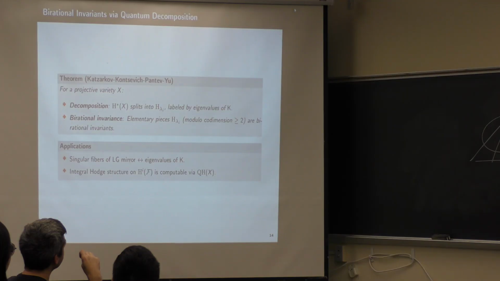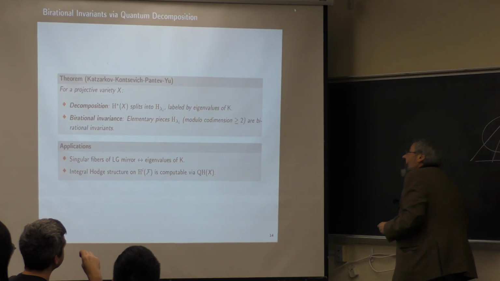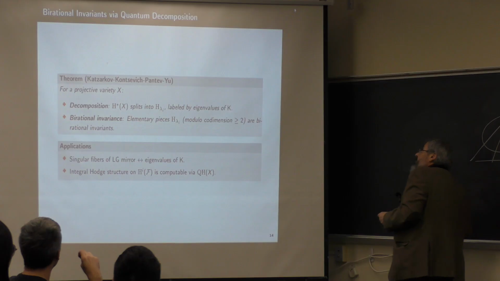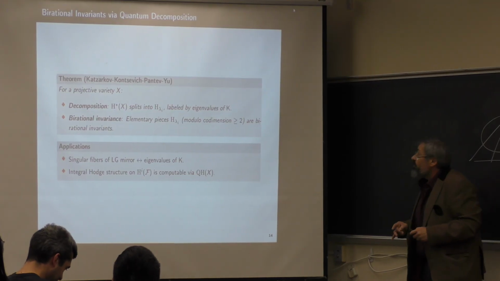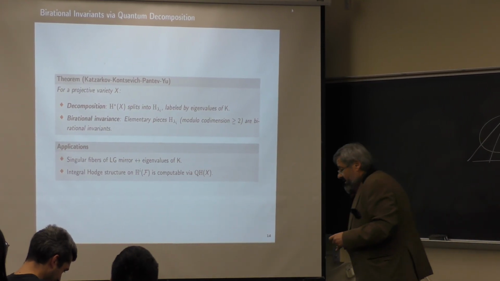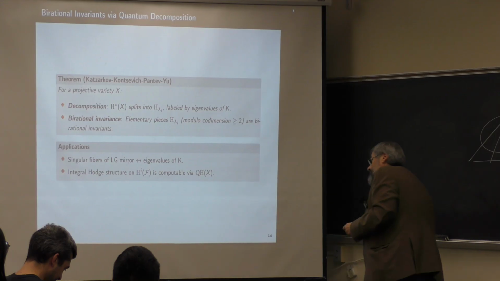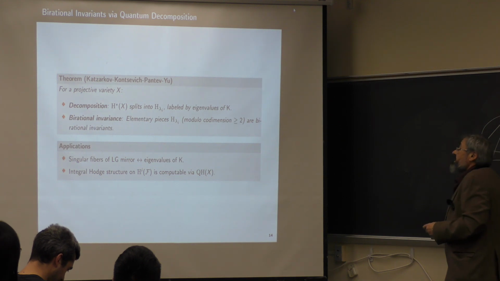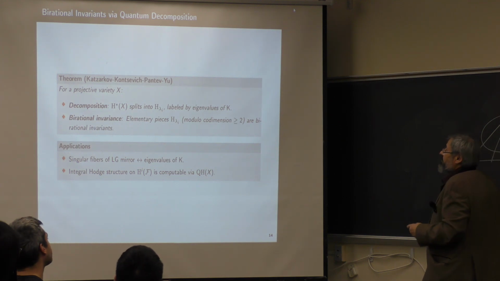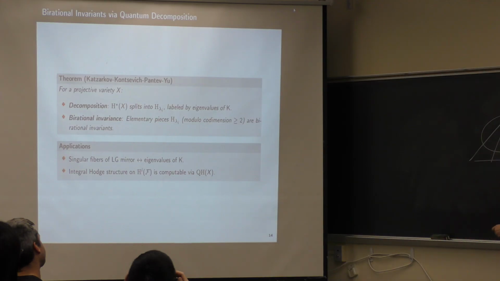So now I'll just mention the result and then give you an idea of what goes behind the proof. Basically, what the theorem says is that we do get out of this differential equation a splitting of the de Rham homology of our variety, labeled by the eigenvalues of the quantum multiplication.